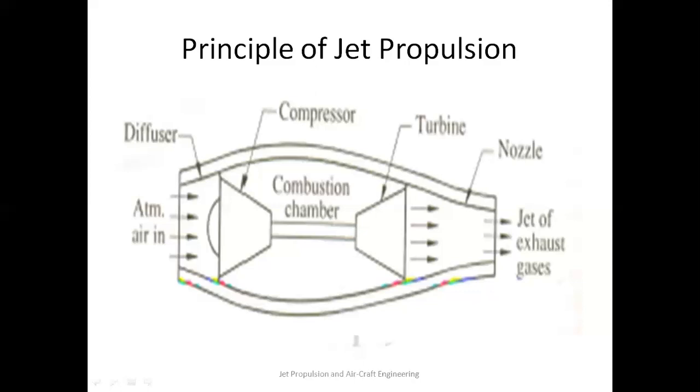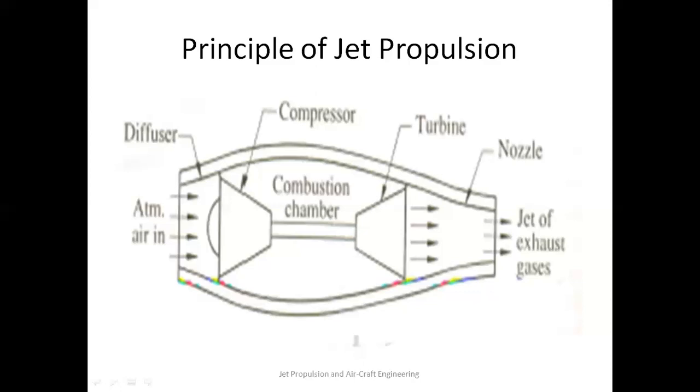So in a jet propulsion engine, as we have understood, the propulsive power is not produced by the gas turbine, but it is only used to drive the compressor and other auxiliary equipment. Hence the net work output of a jet propulsion cycle is zero.